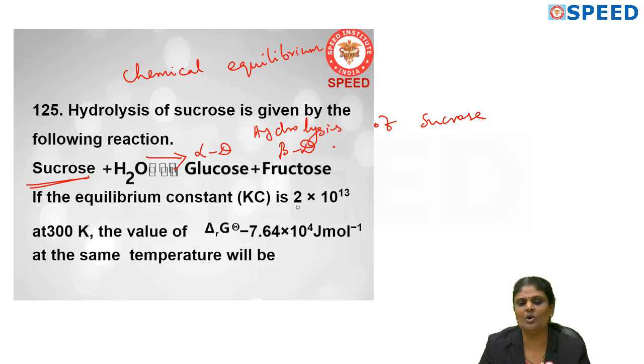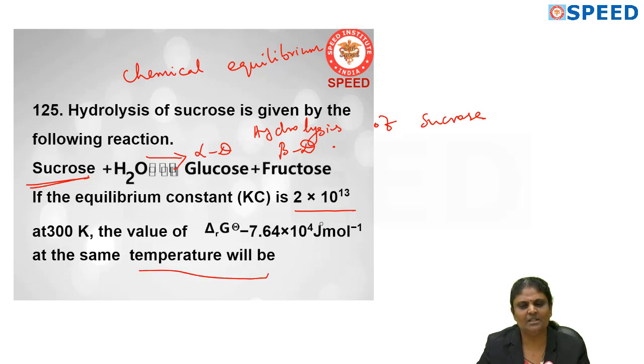If the equilibrium constant is given as 2 into 10 to the power of 13 at 300 Kelvin, the value of delta G naught is given as minus 7.64 into 10 to the power of 4 joule per mole at the temperature.